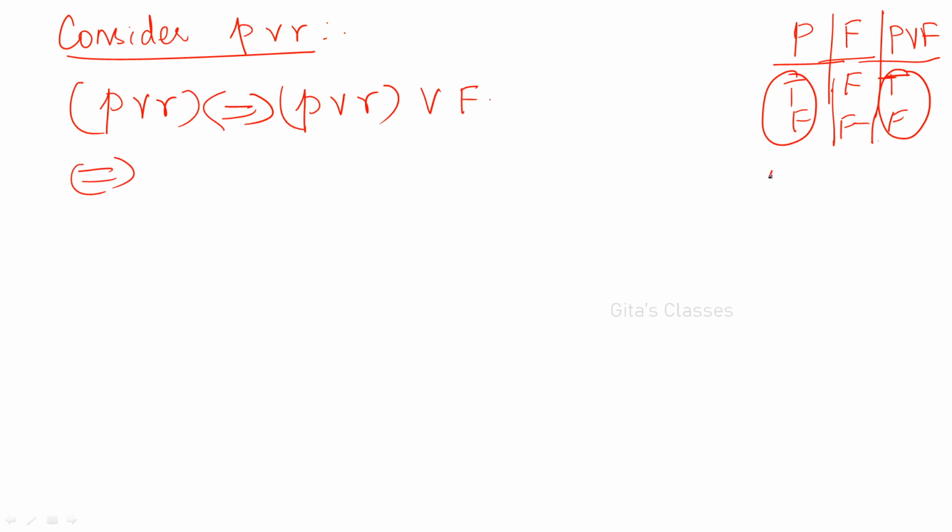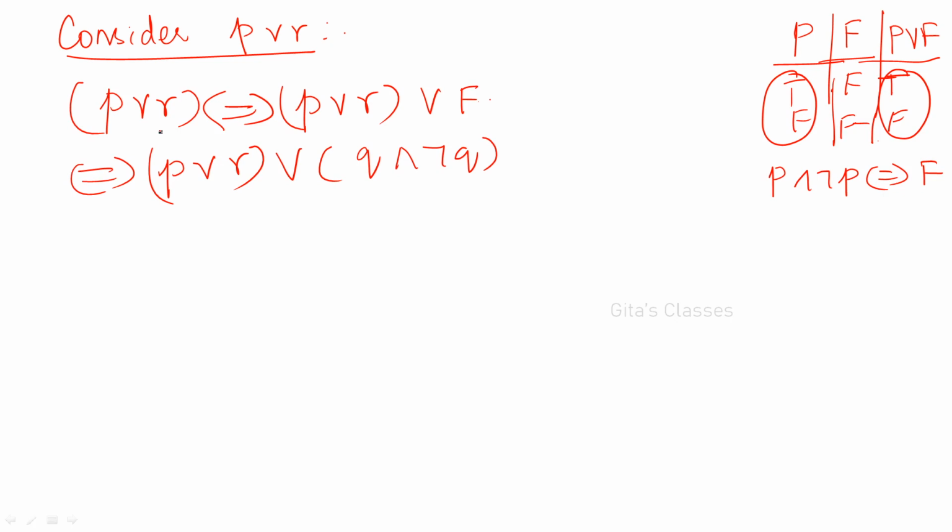And we know that P and not P is F. So any variable and its negation is always false. So now I am going to introduce whichever variable is missing, that is P∨R∨R∨F. Now Q is missing. So Q and not Q. That's all. Very simple.